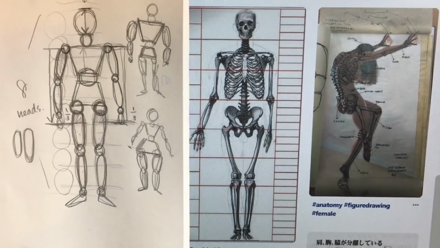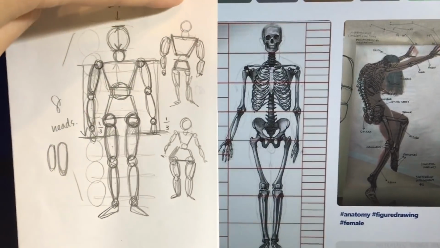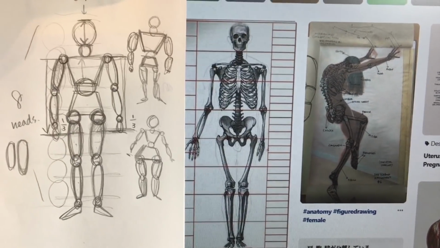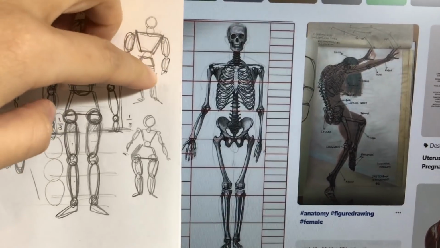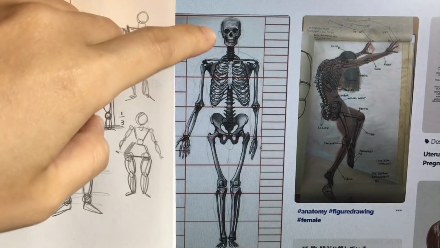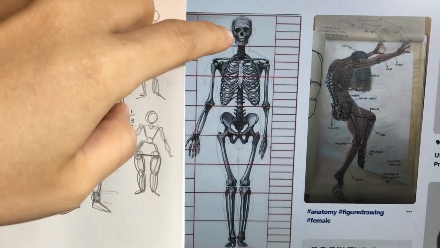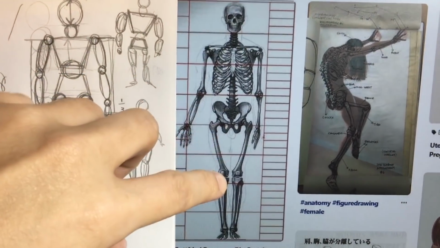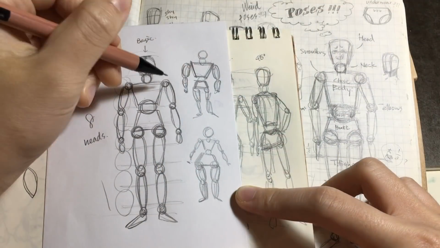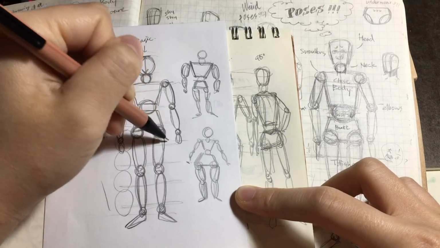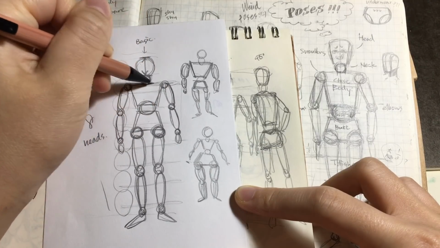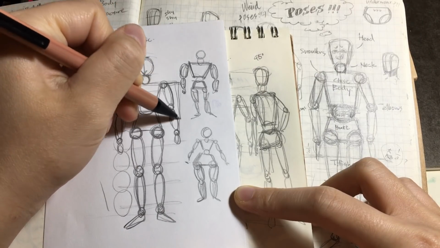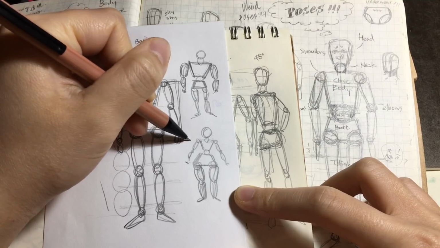So I found a picture on Pinterest. It shows the body proportion, and the body length is about 8 heads. 1, 2, 3, 4, 5, 6, 7, 8. And the length of the arm is from the shoulder to here.